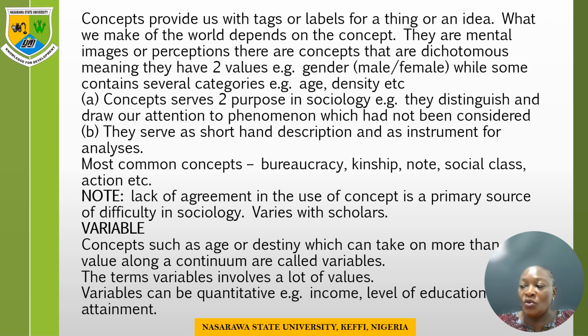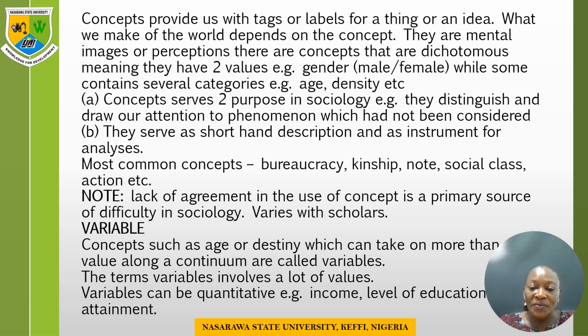Now, variables. If you're talking about variables, we're talking about concepts such as age or density that can take on one or more than one value along a continuum. The term variables involves a lot of values.